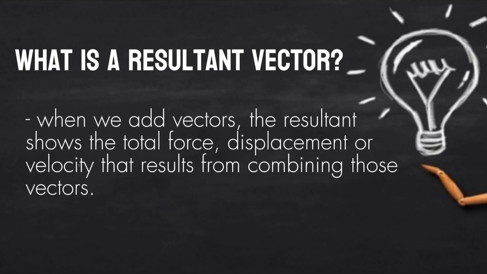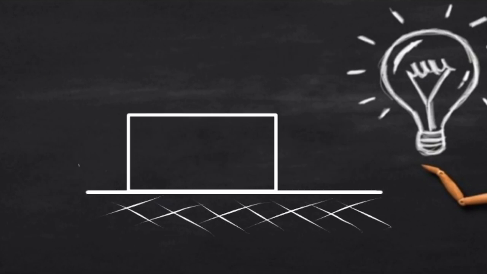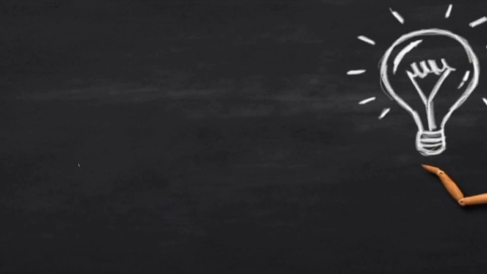When we add vectors, the resultant shows the total force, displacement, or velocity that results from combining these vectors. To put it simply, if you're pushing an object in two different directions, the resultant vector is the direction and the force the object actually moves, as if there was just one push.